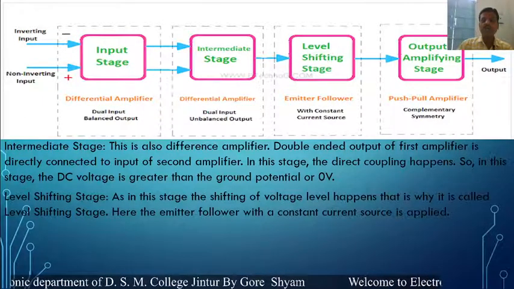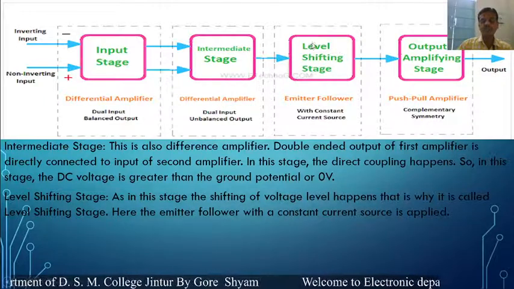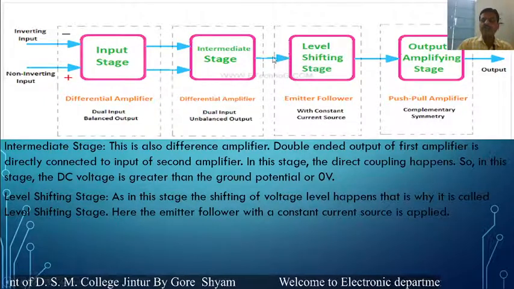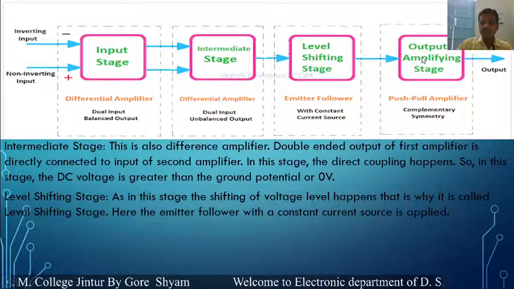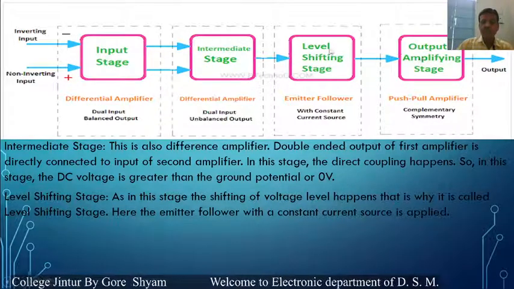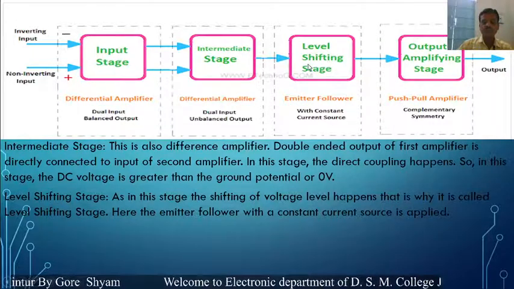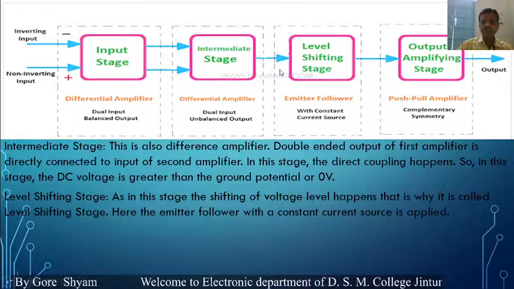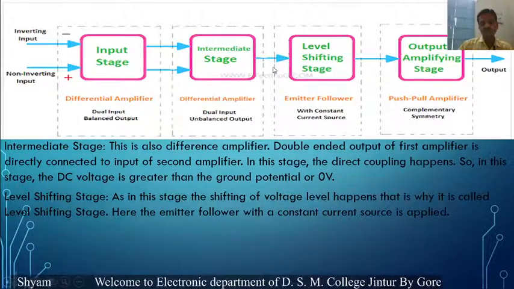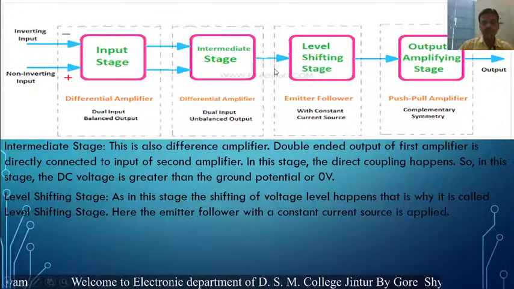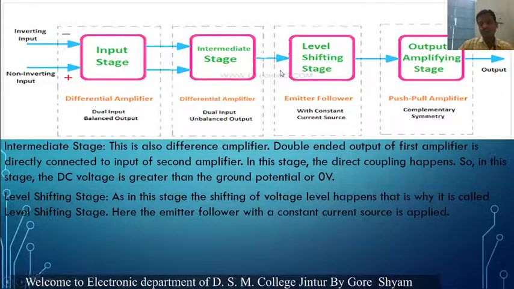The function of the third stage is to provide the signal for the output stage, and this level shifting circuit or emitter follower shifts the input voltage and decreases the level of the signal, and here this works as the constant current source.